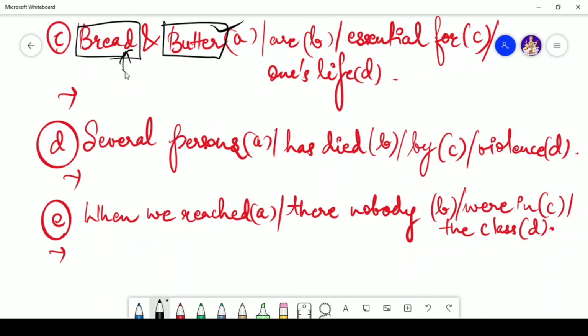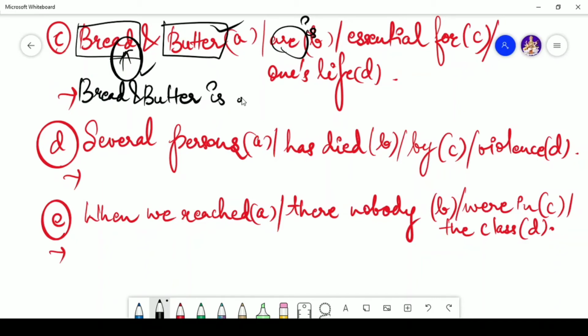So it's bread. Again, bread is in singular form, so it will be "is." Instead of "are" we are going to make use of "is." So the sentence will be: "Bread and butter is essential for one's life."